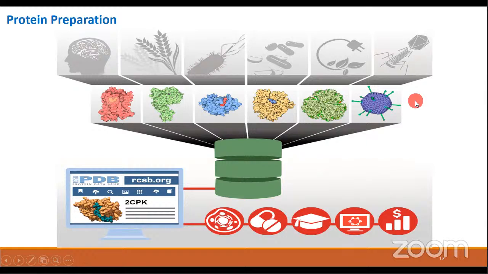From the source, using the above techniques, first we need to express the gene, then cultivate it. From the cultivation, we need to purify the protein, then take it for crystallization. Once we have the crystal, by using the X-ray crystallography method, we'll get a three-dimensional protein structure.